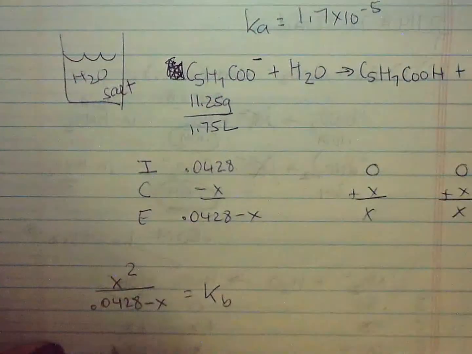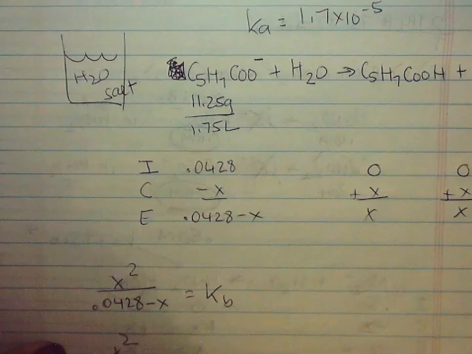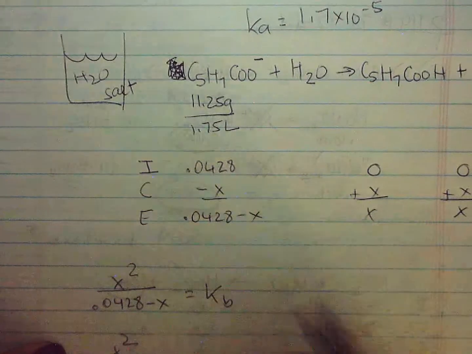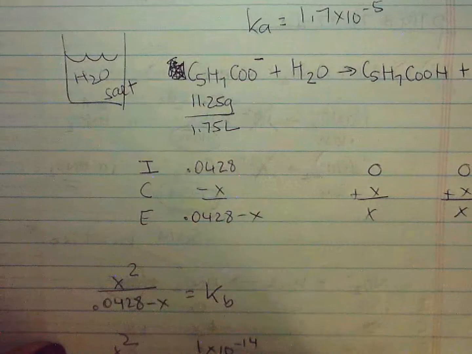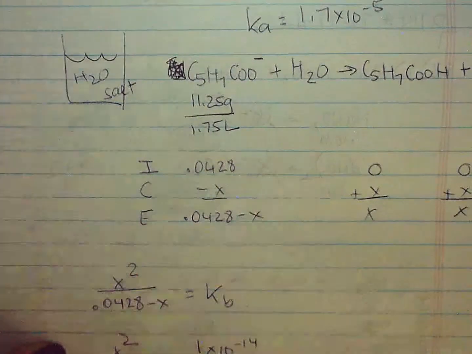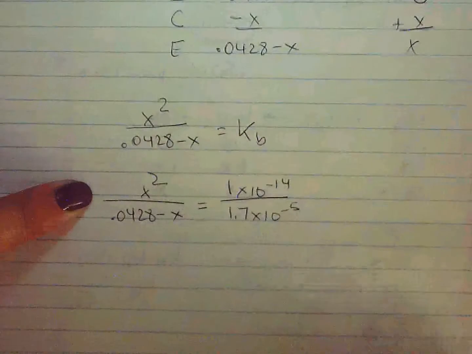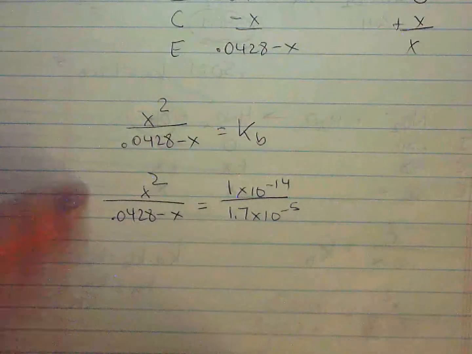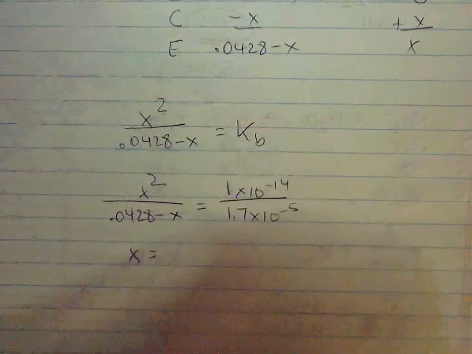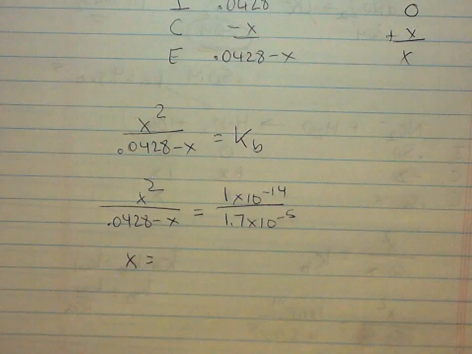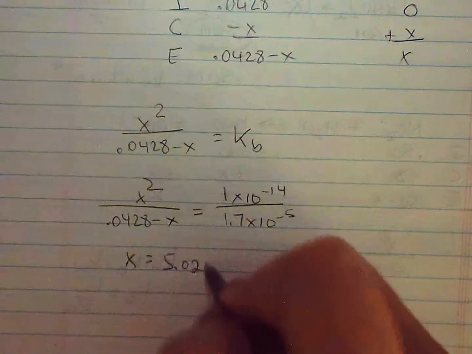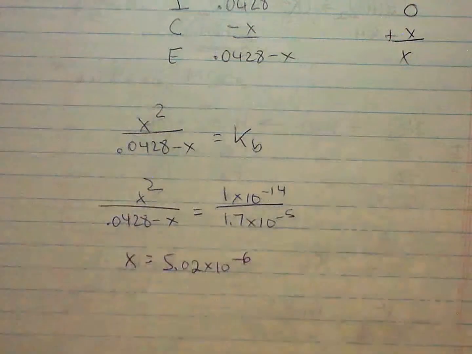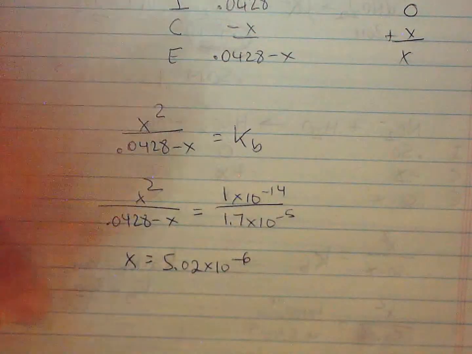So X squared over 0.0428 minus X is going to be equal to 1 times 10 to the negative 14th over 1.7 times 10 to the negative fifth. Let me scooch it up so you can see. When I solve for X, the answer is 5.02 times 10 to the negative 6. What does X represent?